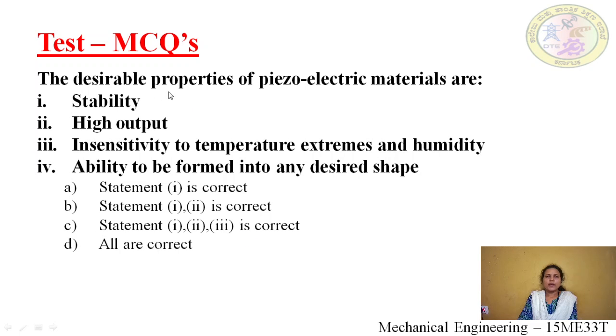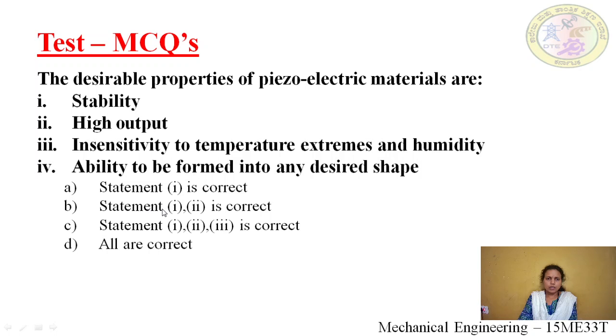The desirable properties of piezoelectric materials are: number 1, stability; number 2, high output; number 3, insensitive to temperature extremes and humidity; number 4, ability to be formed into any desired shape. Option A, statement 1 is correct, that is stability.